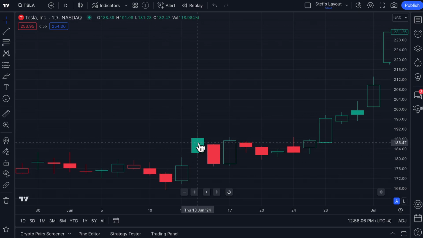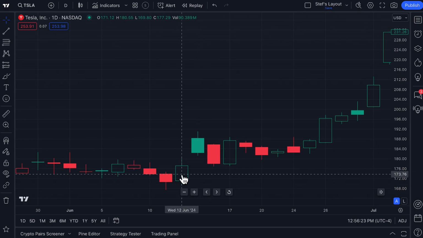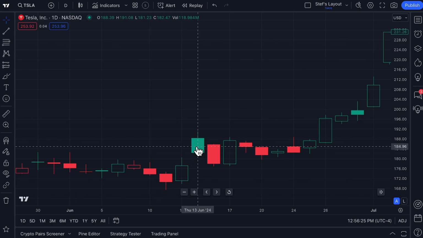If you hover your mouse over this filled in green candlestick, you can see that the open was $188 per share, so way up here. But the close was down here at $182 per share. So it actually went down throughout the day, but it's still filled in green because look at yesterday's candle. It is higher.